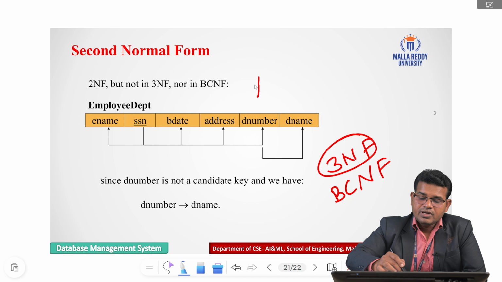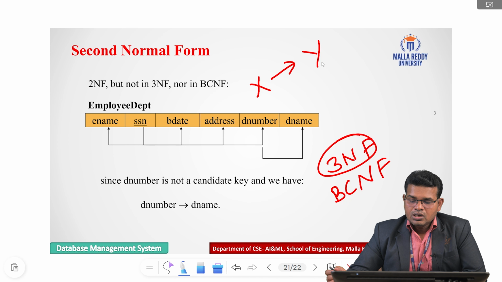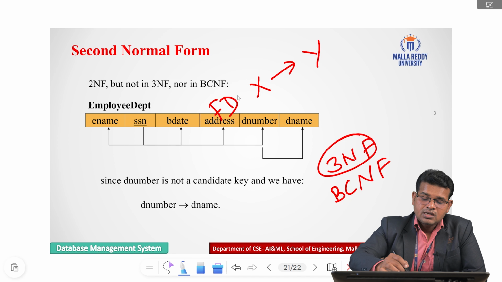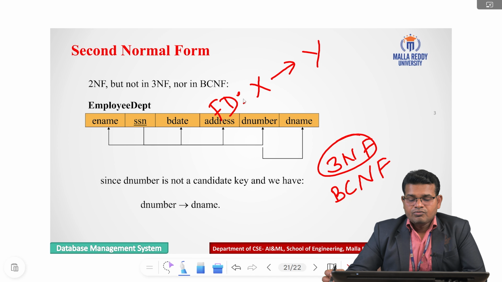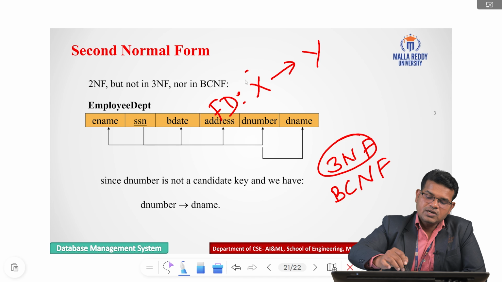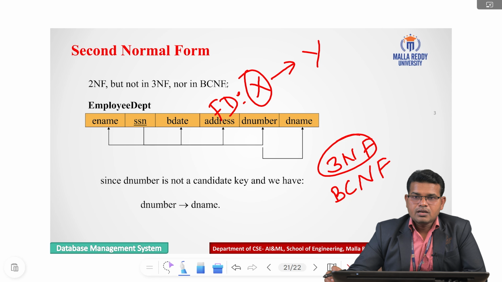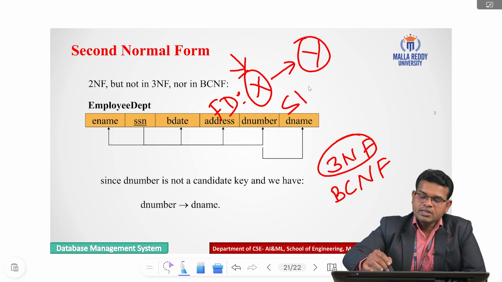Suppose X is an attribute or a set of attributes, and Y is another set of attributes. We say X determines Y is the functional dependency. For a relation to be in third normal form, for every functional dependency, either X should be a super key, or the RHS, Y, should be a prime attribute.